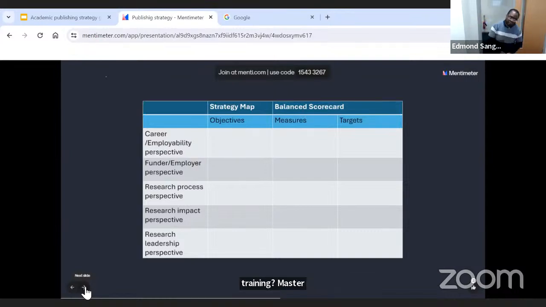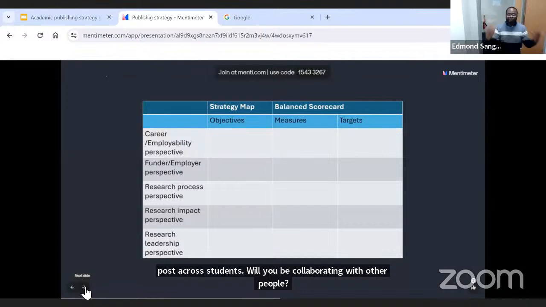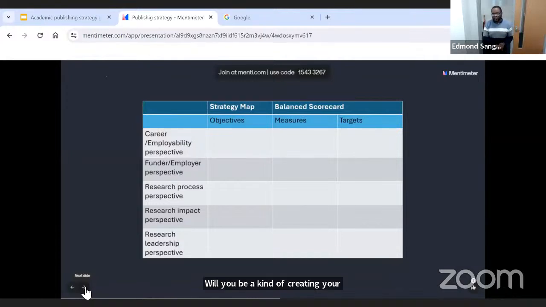Postdoctoral students? Will you be collaborating with other people? Will you be creating your brand as a research leader so that we can say, oh, Edmond is known for chiral pollutants. Edmond is known for marine mammalian toxicology. That is, you are creating your brand. So you need that strategy.